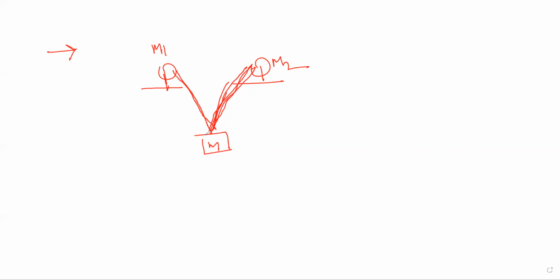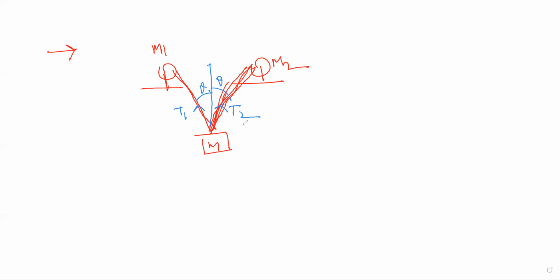Since this body is hanging vertically downward, suppose this angle be theta, of course this will also be theta because it is a symmetrical situation. Suppose the tension in this string be T1 and tension in this string be T2.